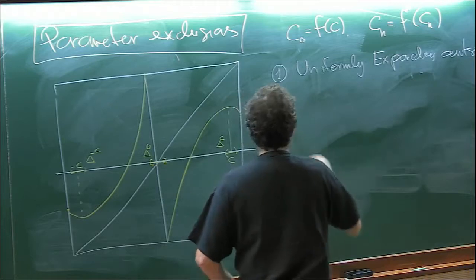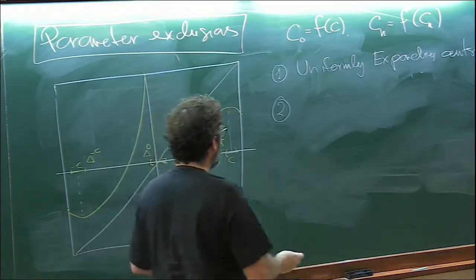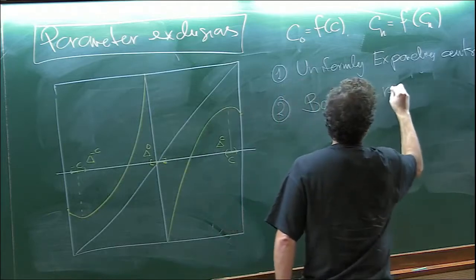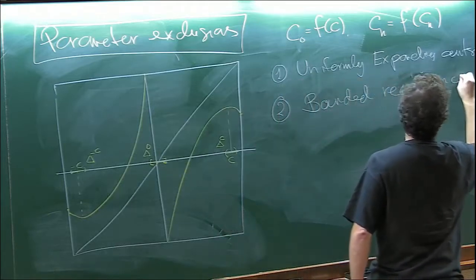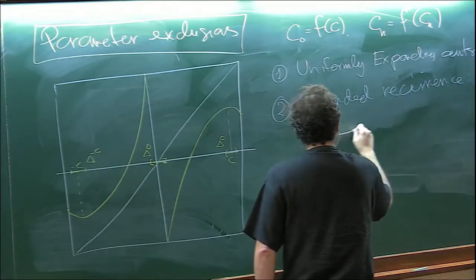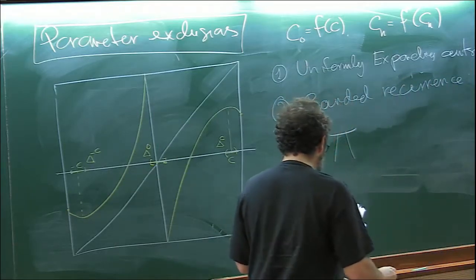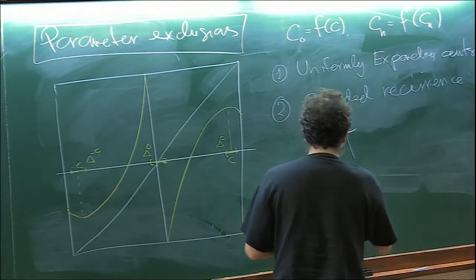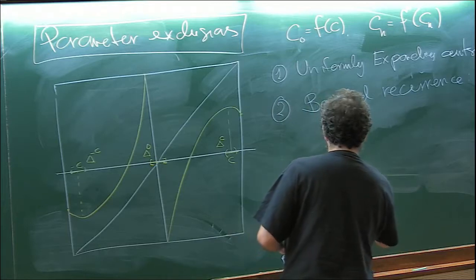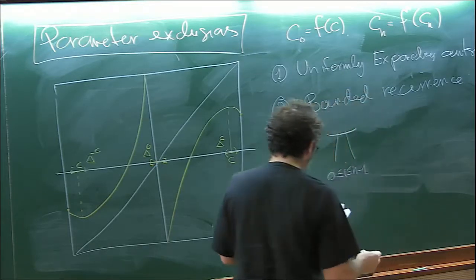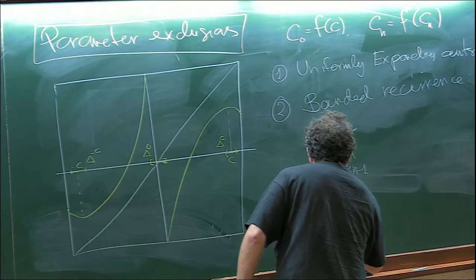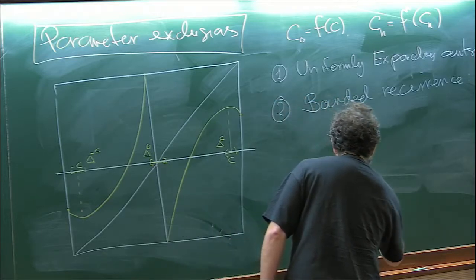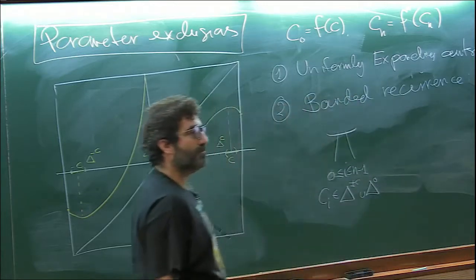And it satisfies what we call a bounded recurrence condition, which has the following form, the product. You look at all the i from 0 to n minus 1, and you look at all the times that the image of the critical point falls into either the critical or the singular neighborhood.